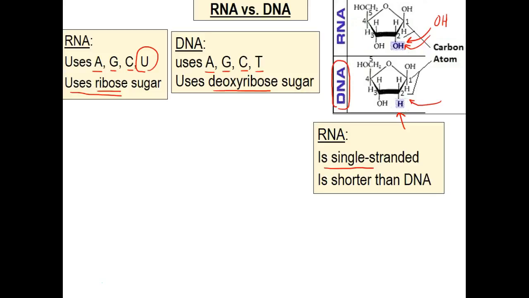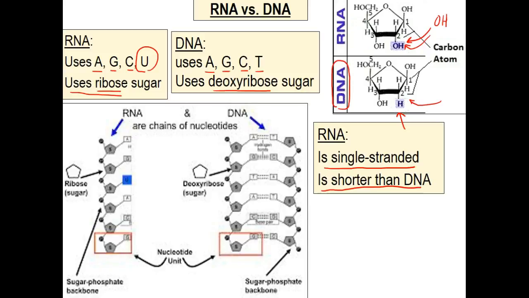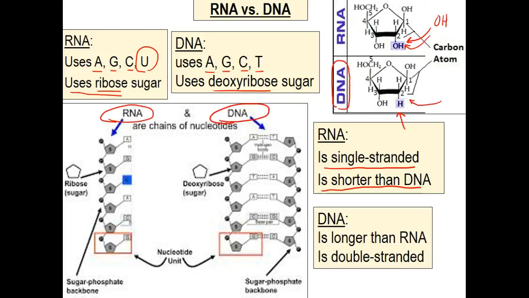RNA tends to be single-stranded, but it can fold back on itself, creating double-stranded regions. It's also shorter than DNA in general. And so here you have RNA single-stranded and DNA double-stranded. DNA is longer than RNA and is a double-stranded molecule.